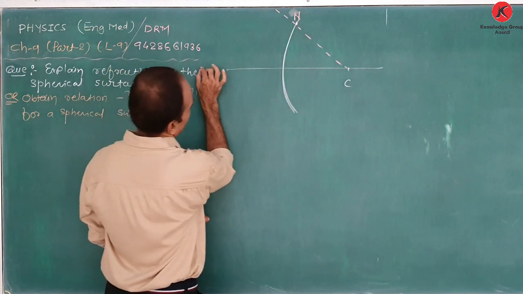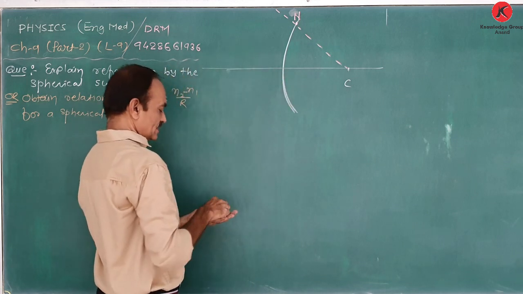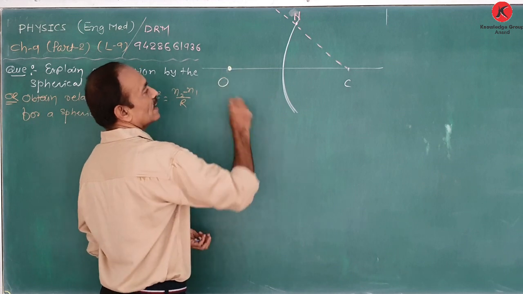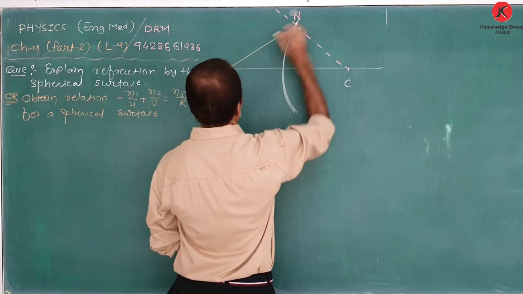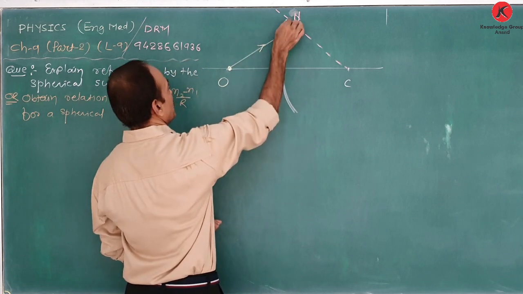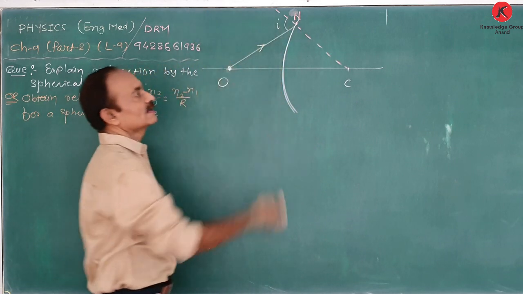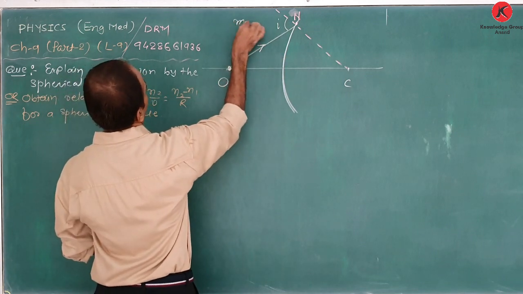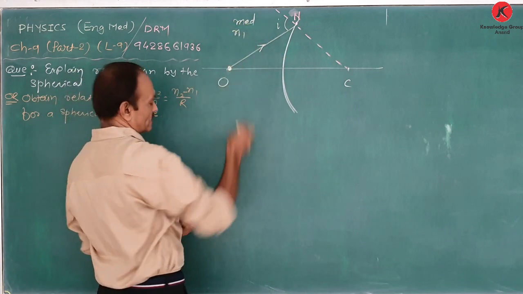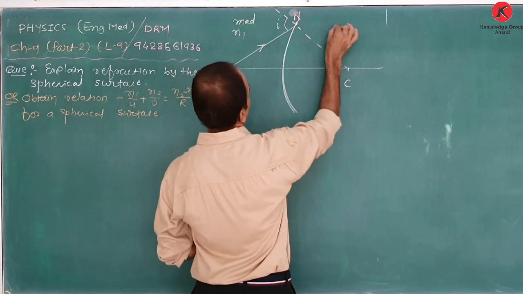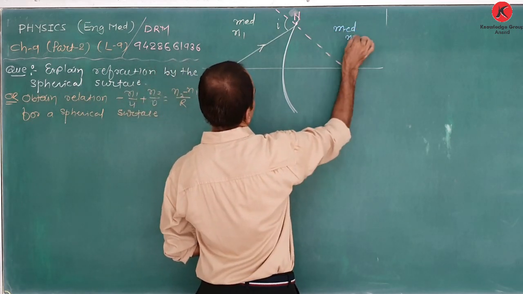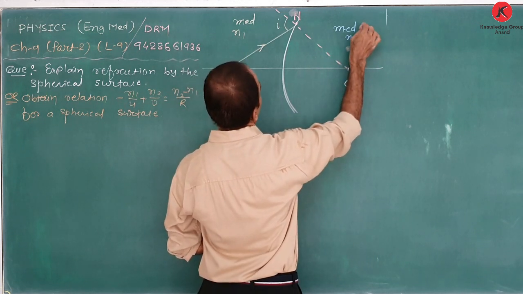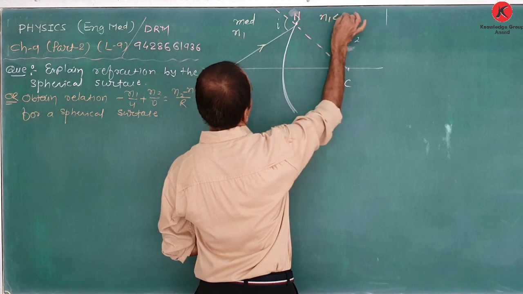Now there is the principal axis. Here we consider a point-like object O. The incident ray coming from the point object O makes the angle i with the normal, so i is the angle of incidence. Here the medium having refractive index n1, and here the other medium having refractive index n2. The condition is that n1 is less than n2.